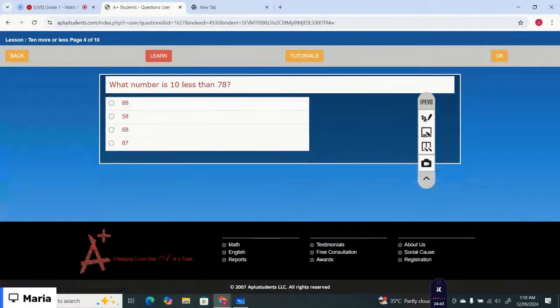What number is 10 less than 78? So 10 less than 78 is, that means you need to subtract 10 out of 78, right?